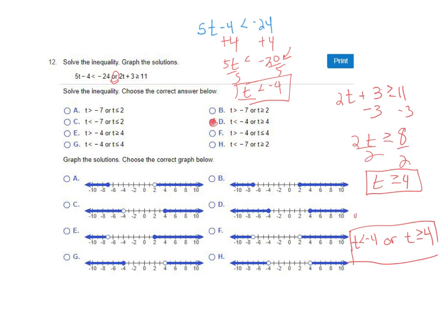So I'm thinking open circle going to the left, and then a closed, colored, filled in circle, whatever you want to call it, going to the right. So that's what I'm looking for, and I think that is going to be selection C. Open on negative 4, closed on positive 4.